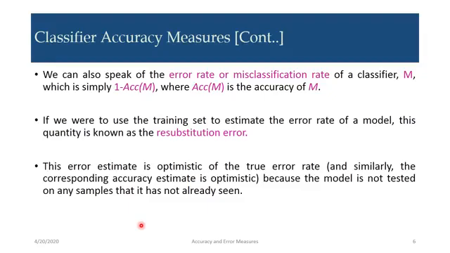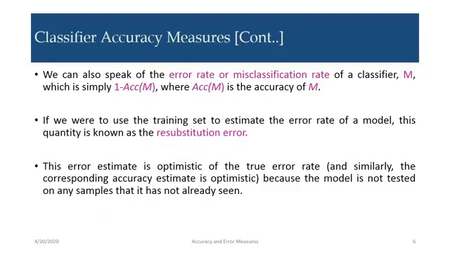If we were to use the training set to estimate the error rate of a model, this quantity is known as resubstitution error. Suppose we make a model from the training set and apply it on the training set to calculate the error. Whatever error we get is known as resubstitution error.